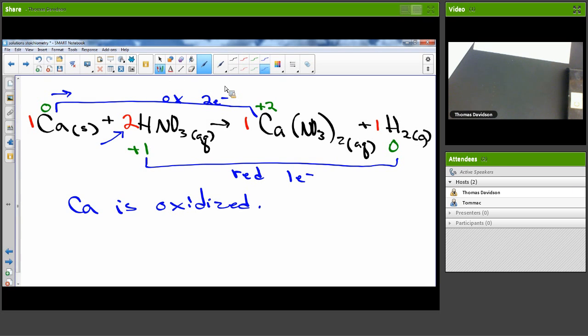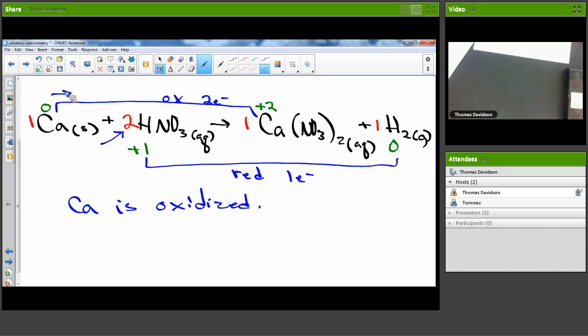So remember, answer the question. It asks which one is oxidized, right? And write it balanced and include the number of electrons transferred. This one is almost exactly the same as the one on the test.